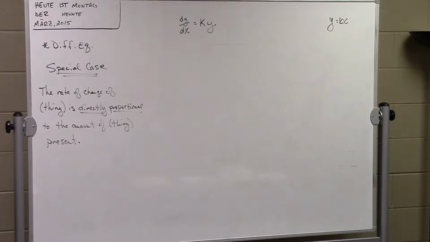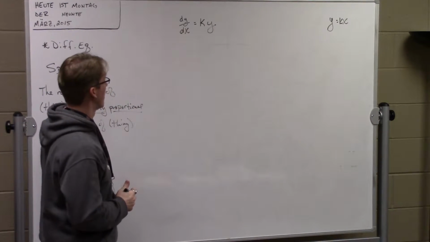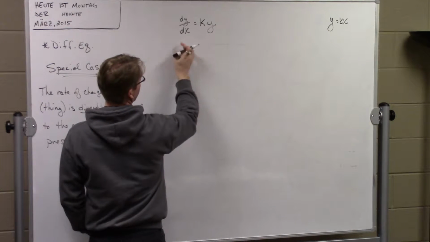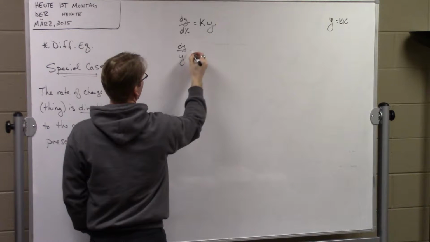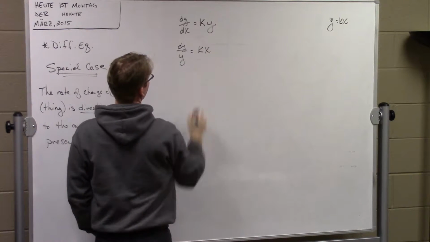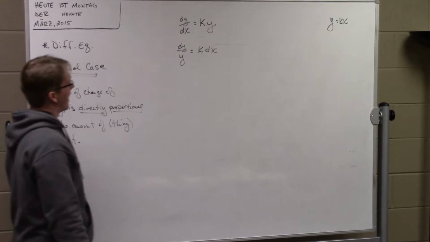All right, here's the part that you can recreate over and over again if you don't get it. But when I get to the finish line of this, you should say, all right, when I see these words, I'm gonna jump straight here. So let's go. Separate your x's and y's. So I'm gonna bring the y down here, and I'm gonna bring the dx up here. And I'm gonna go ahead and leave the k on that side.